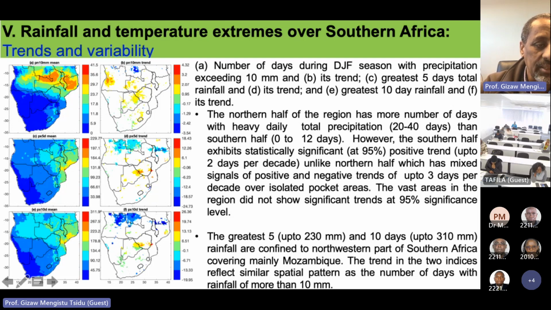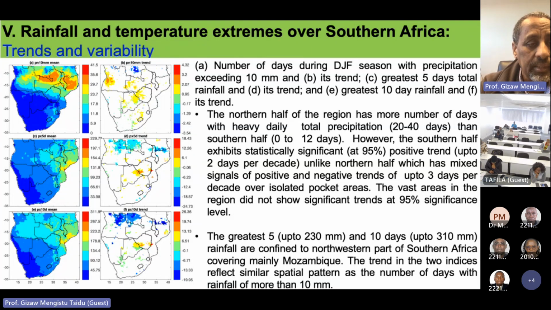This kind of 10 millimeter rainfall is very frequent, over the last 42 years.